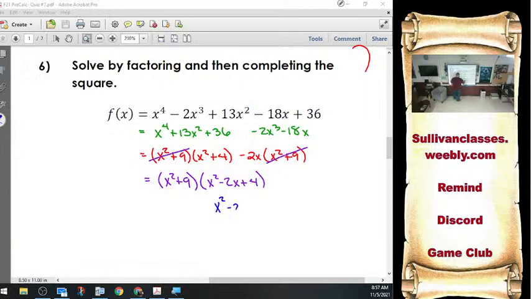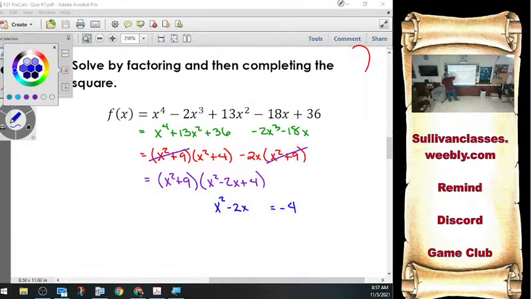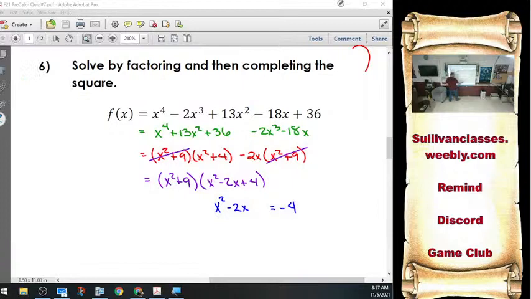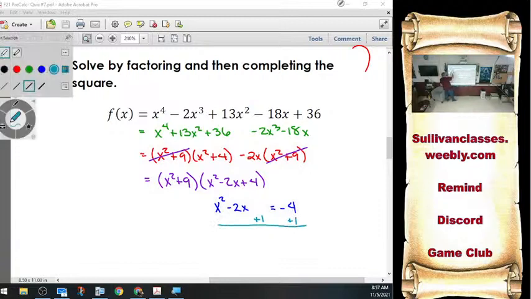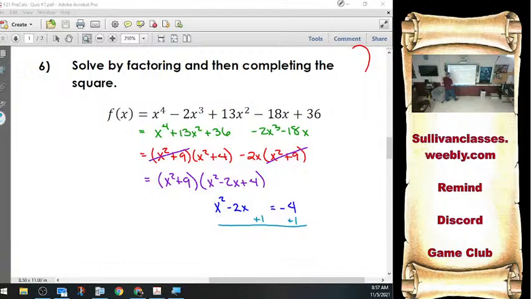So, x squared minus 2x equals negative 4. Variables on one side, not variables on the other. Add b over 2 squared to both sides. Half of negative 2 is negative 1. Negative 1 squared is 1. Write this perfect square trinomial in factored form.